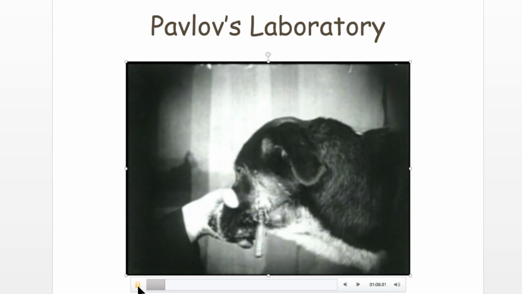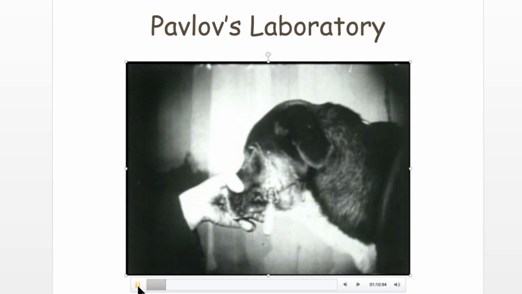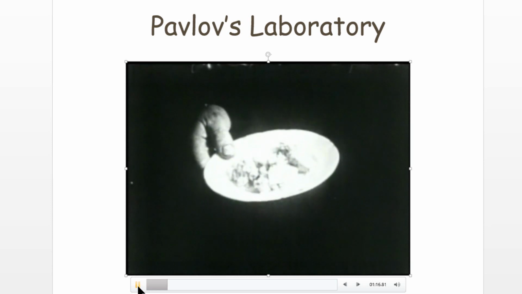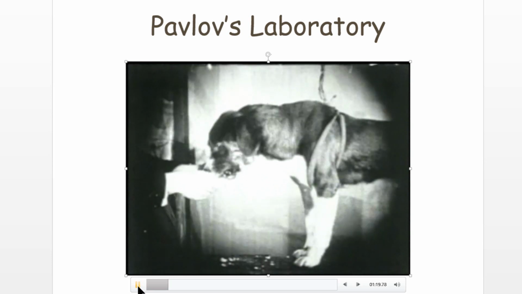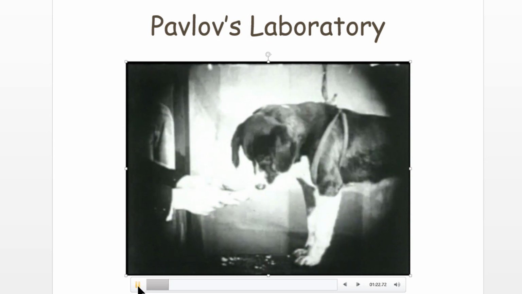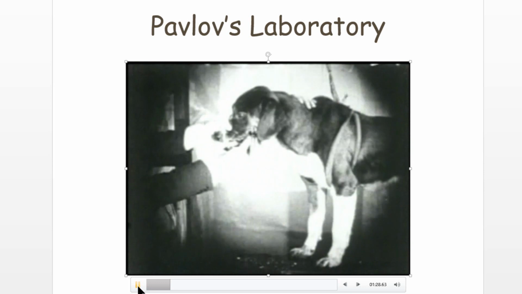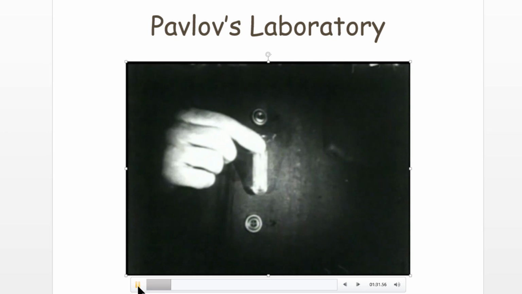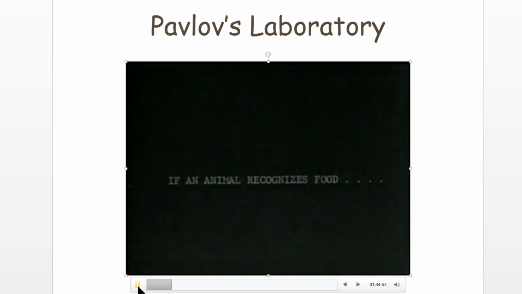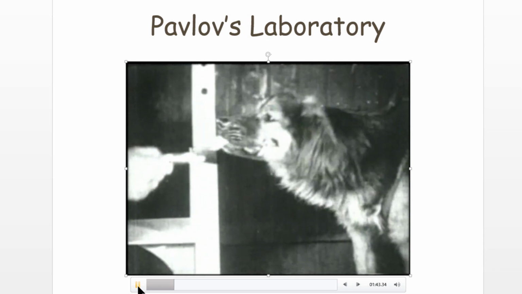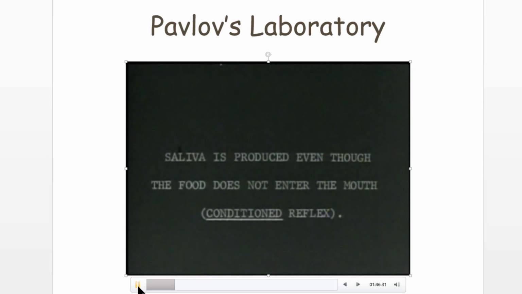So of course, as you saw the dog eating bread, the dog would eat, salivate, and then they can evaluate how much he salivates when he eats. Now, of course, there's going to be a wide variety of experimental manipulations that they can do that are going to be necessary to be evaluated. One of the ones, as you're watching this video, that you're going to see is that they will evaluate how much the dog salivates when he is given food and allowed to eat it versus being given food but not being allowed to eat it, as you just saw in that clip right there.